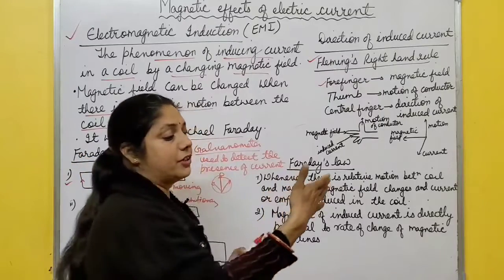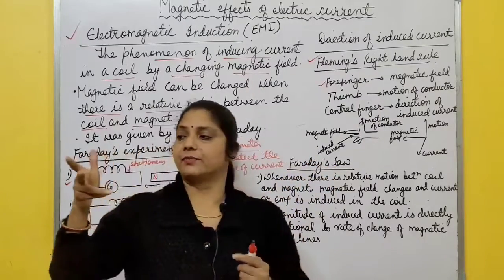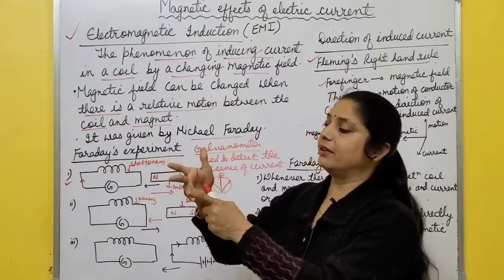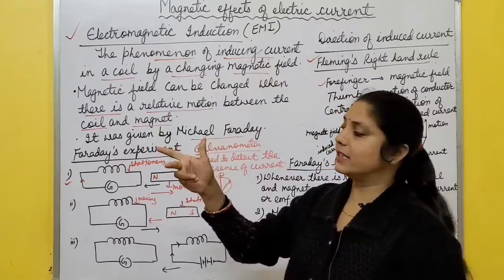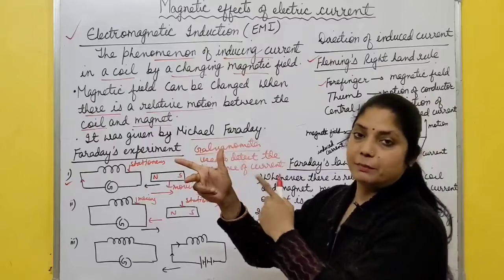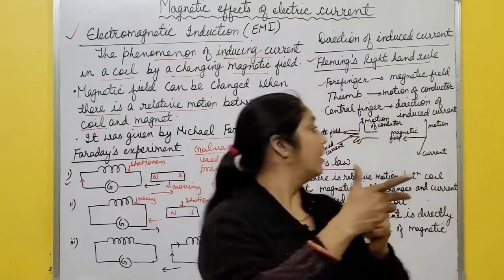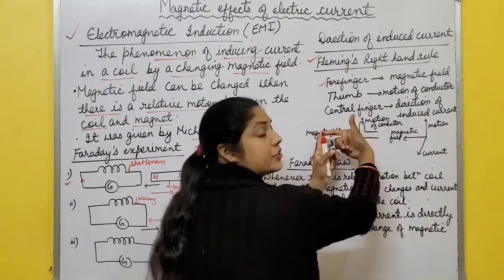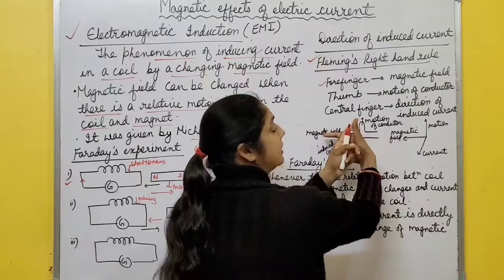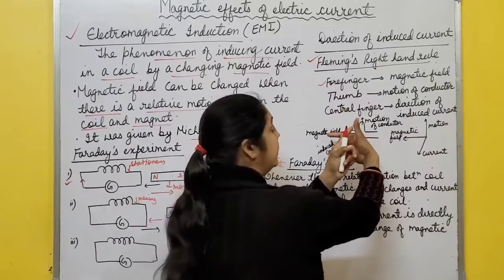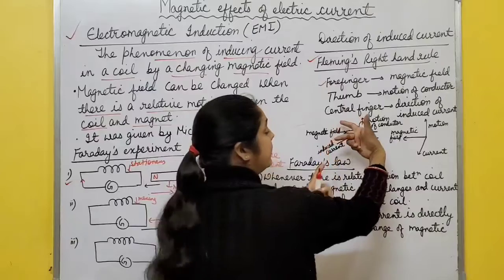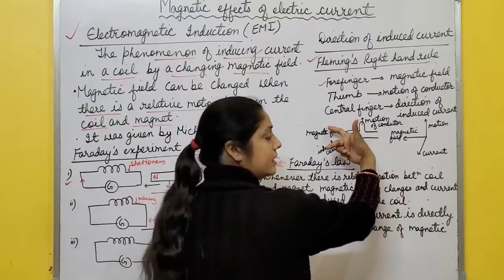So stretch your thumb, forefinger and central finger of your right hand in such a way that all three are mutually perpendicular to each other, right? Now this forefinger gives the direction of magnetic field, this thumb gives the motion of the conductor, then this central finger gives the direction of induced current in the circuit.